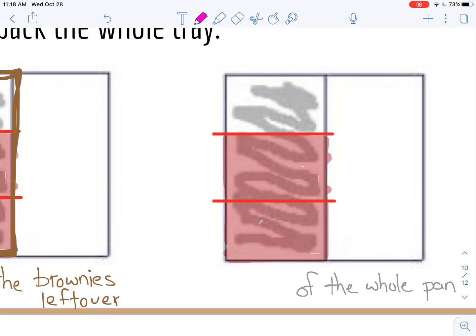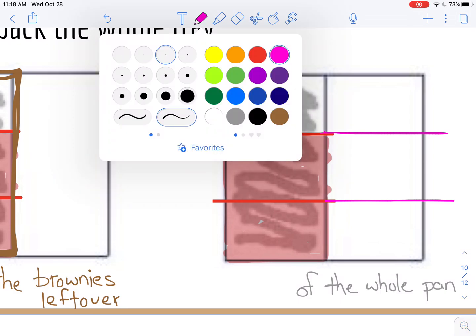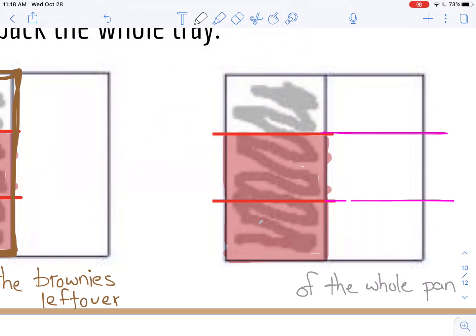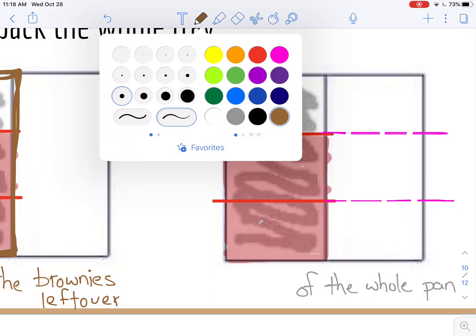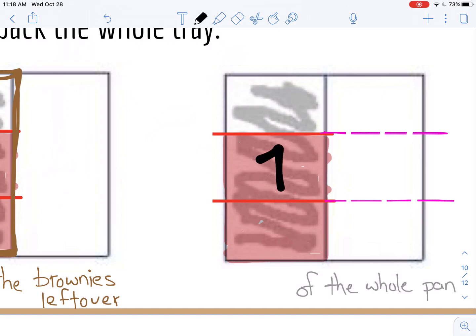So I'm going to extend these lines so that I have equal parts. Because if I'm going to say an answer is a fraction, I have to have equal parts. So now I can see that here's the part that Jed ate. I'm going to put numbers in them. 1, 2.